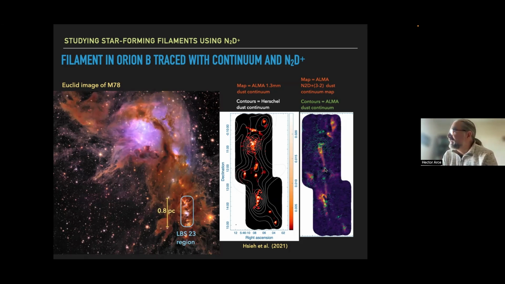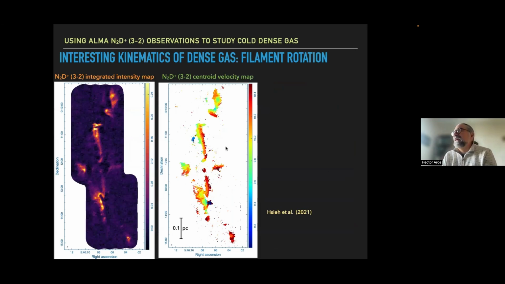When you have protostars forming, which start to heat up the surroundings, then that heat destroys the deuterated molecules, and you cannot use them anymore to trace the dense gas. So N2D+ is good for tracing starless, cold gas. There are a lot of regions here that don't have heat, that don't have protostars. It looks like there are starless cores, maybe cores that will eventually form stars.